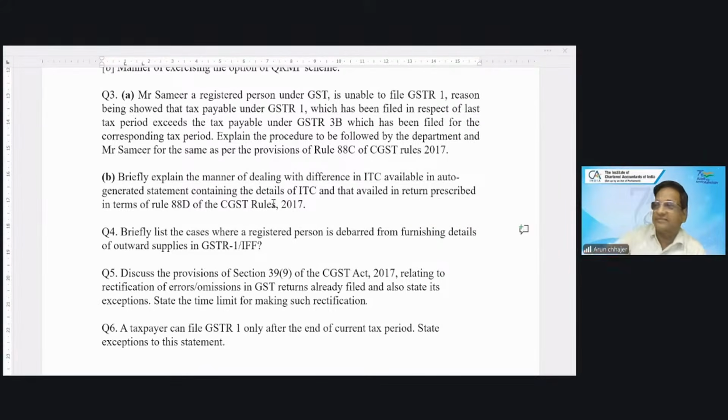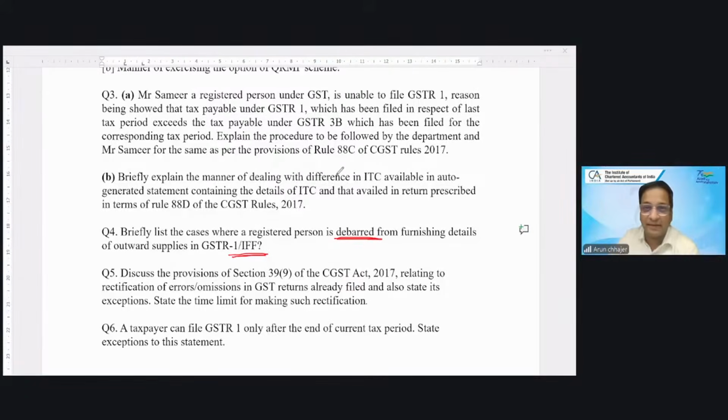Okay. Very good. Please tell me the situation when we cannot file GSTR-1.